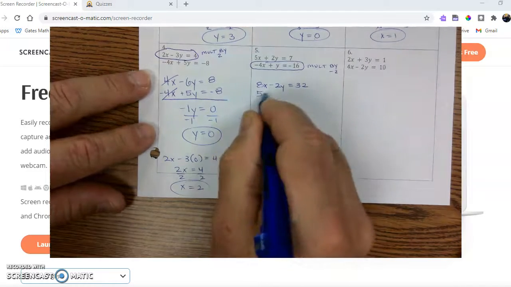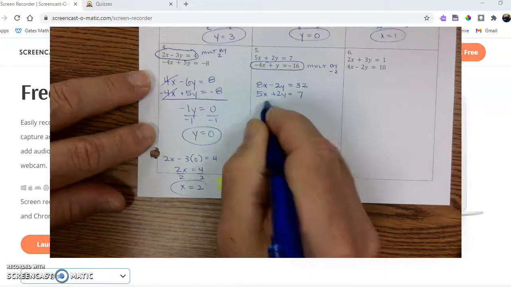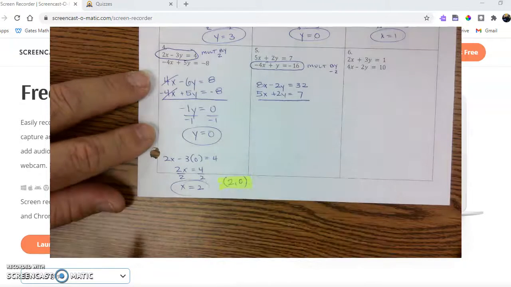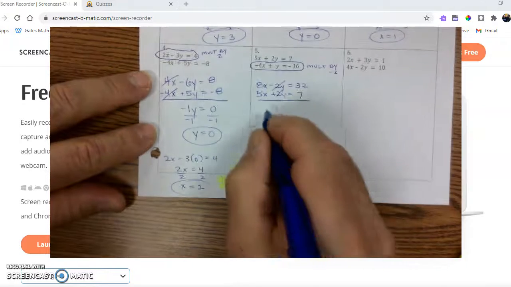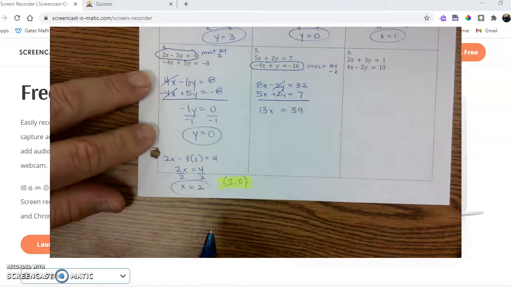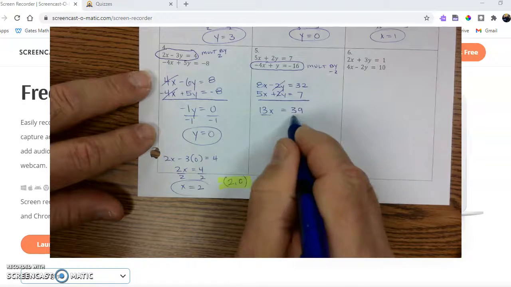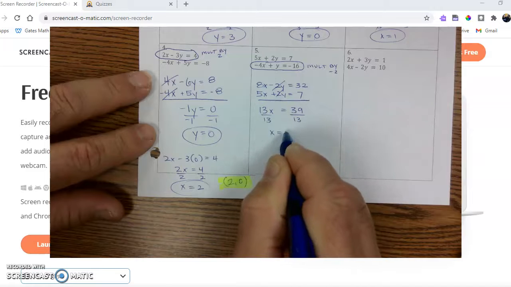The first equation, 5x plus 2y equals 7. Add, which will give us 13x equals 39. Divide by 13. X equals 3.